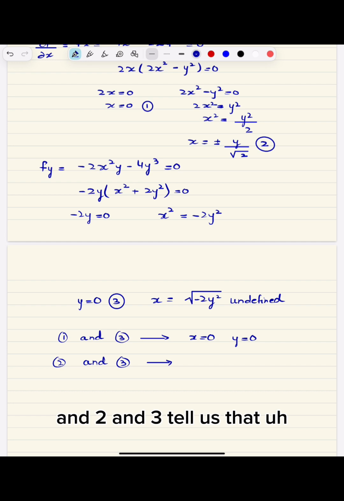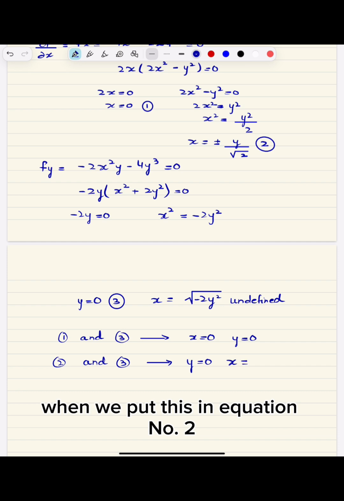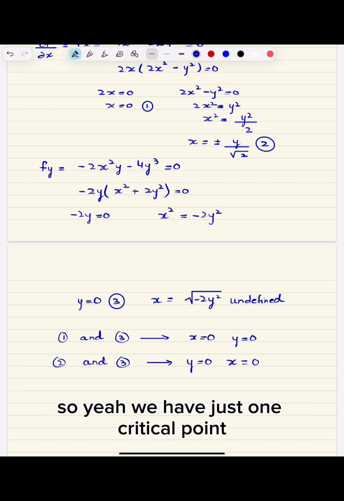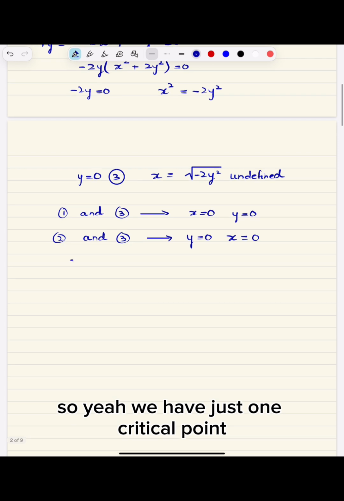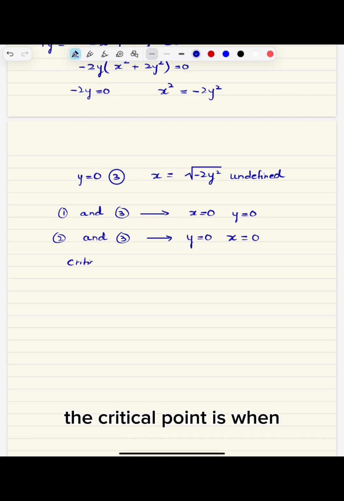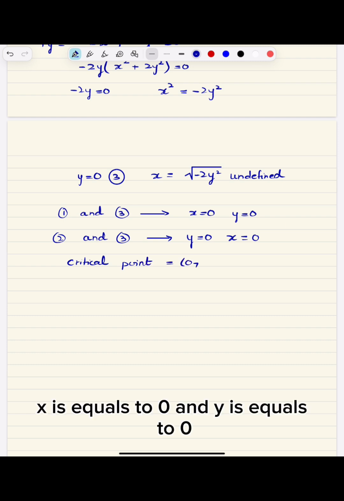And for 2 and 3, 3 tells us y is equal to 0. When we put this in equation number 2, you'll get plus or minus 0, which is just 0. So yeah, we have just one critical point. The critical point is when x is equal to 0 and y is equal to 0.